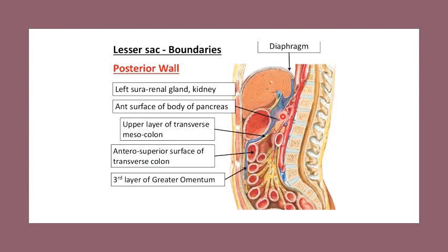Next is the anterior surface of body of pancreas. Next, though not shown in this picture, it is the left kidney and the left suprarenal gland which become the posterior wall of lesser sac. Apart from that, even the diaphragm becomes the posterior wall of lesser sac.